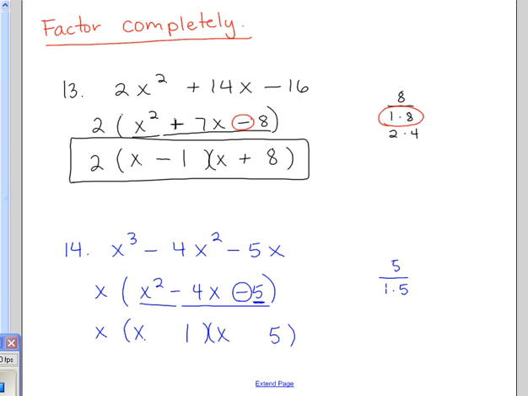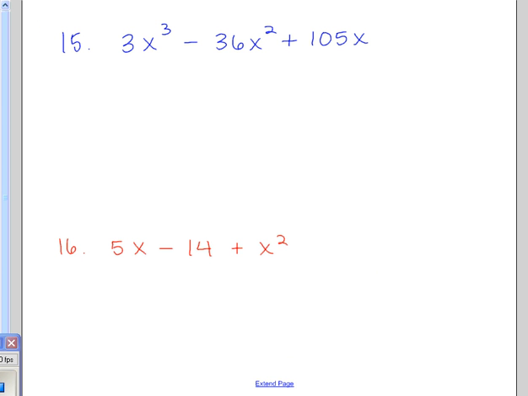Because I need it to subtract to be negative 4, the 5 has to be negative, the 1 has to be positive. And so my answer would be x times x plus 1 times x minus 5. Number 15, I have 3x cubed minus 36x squared plus 105x.